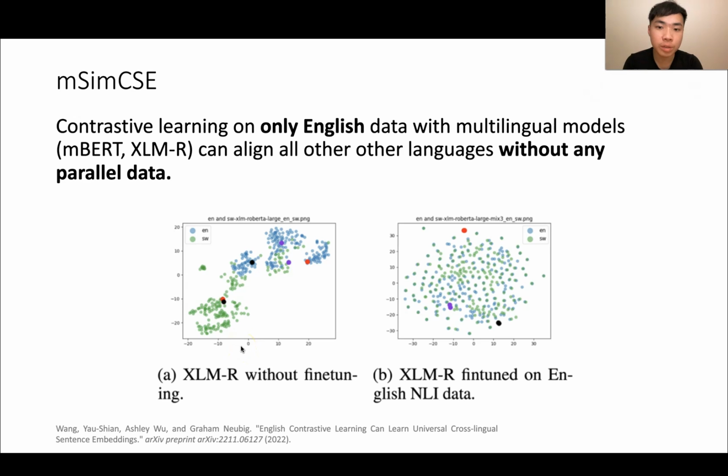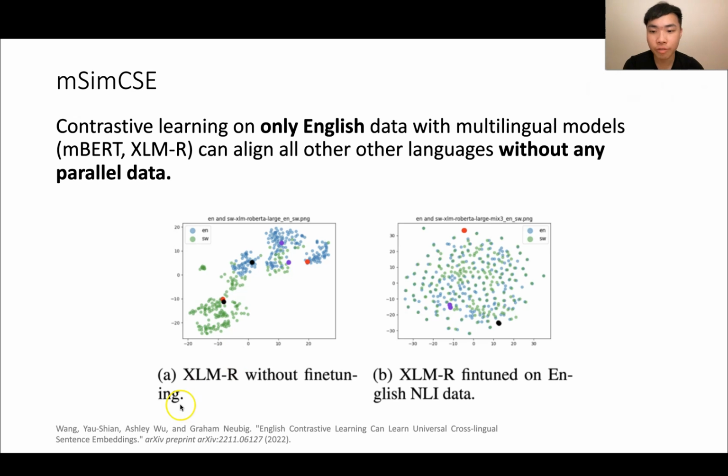After SimCSE, people started to try to extend SimCSE to multilingual settings. Here, in this paper, they have a very surprising finding. They found that if you use a multilingual model like multilingual BERT or XLM-R and fine-tune it with the SimCSE objective with only English data, the model can align all the languages together even without using any parallel data for other languages.